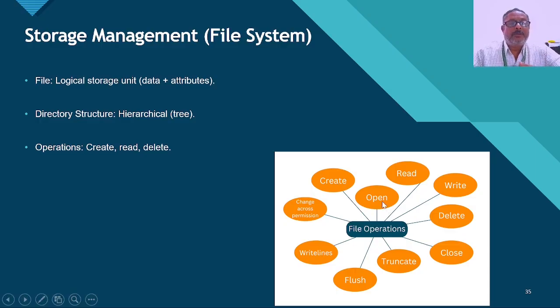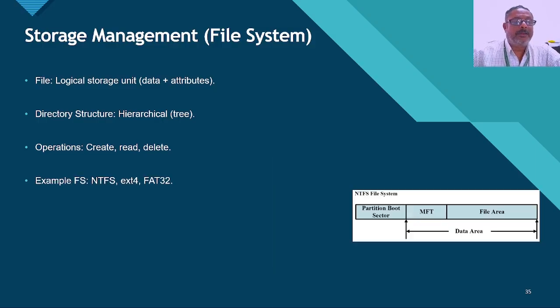When you want to interact with the contents of the file, the first thing we have to do is open the file, and when the file is opened, only then can we work on it. To make sure that the file is opened, the one who is opening it should have all the permissions, and all these things are taken care of.